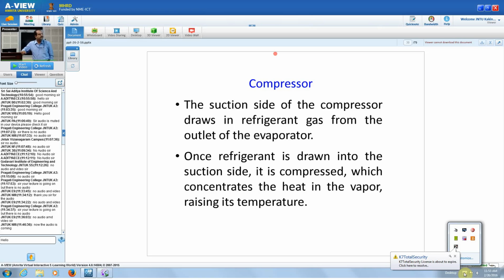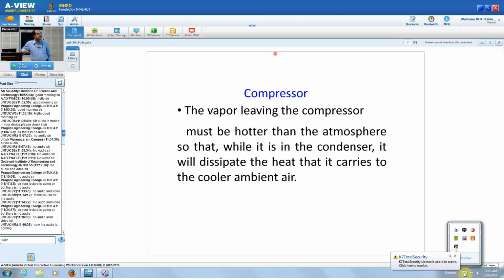Next, the vapor leaving the compressor must be hotter than the atmosphere, so that while it is in the condenser, it will dissipate the heat that it carries to the cooler ambient air. What is happening in the condenser?